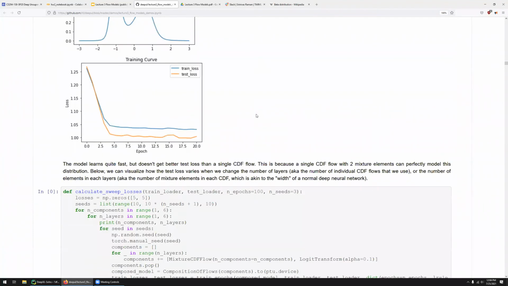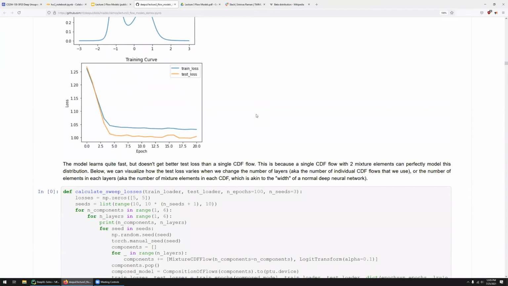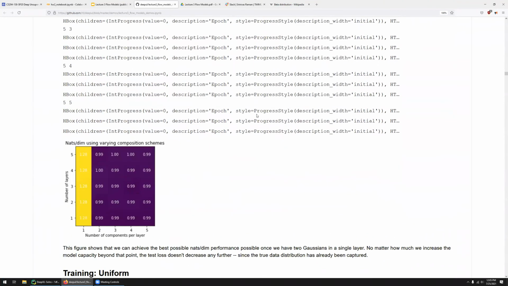Okay. And so let's go on. This one is, what are they doing? Calculate sweep losses. I don't know what that means, but I think he's just showing how it varies for the two explanations he gave, right?